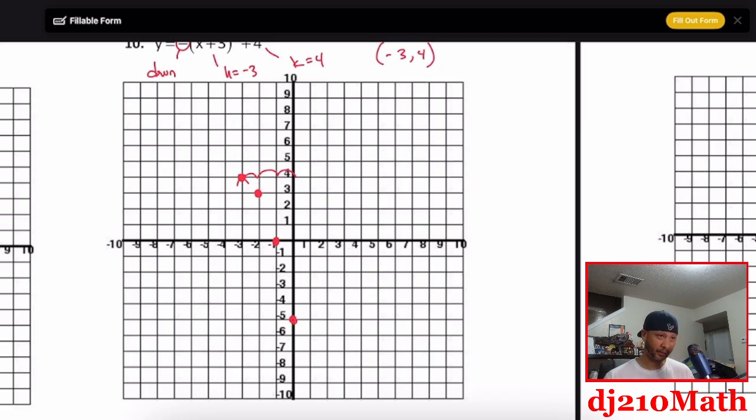I'm doing that because I'm trying to figure out where the y-intercept is. I could have put the axis of symmetry through the vertex and reflected all the points that I found across it. 1, 2, 3, 1, 2, 3. And then connect the dots.